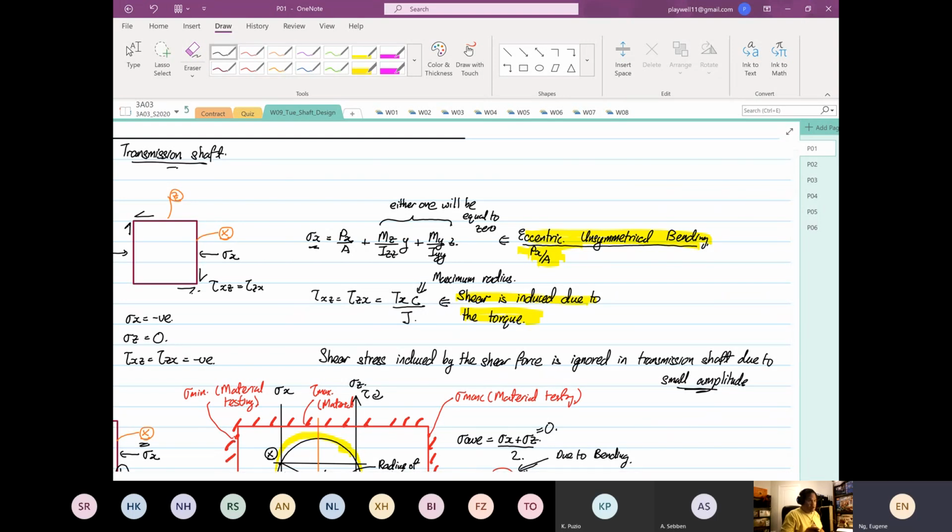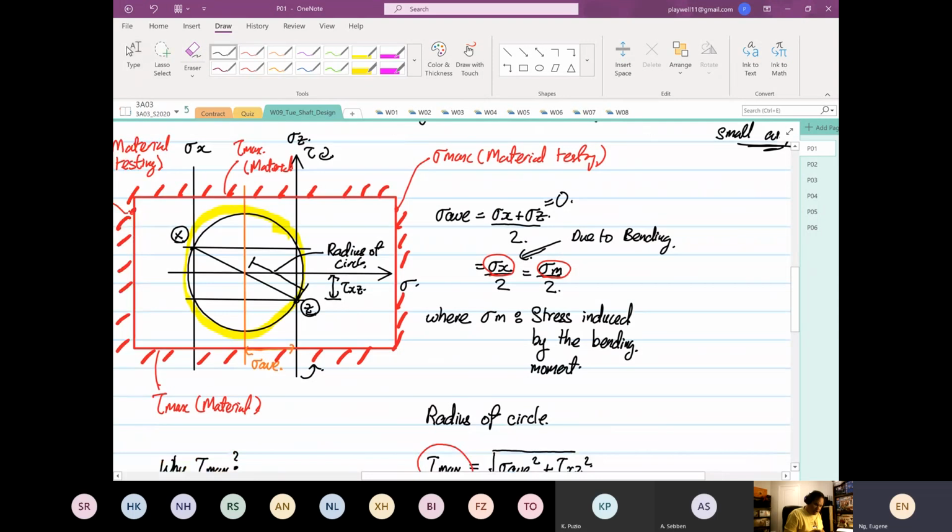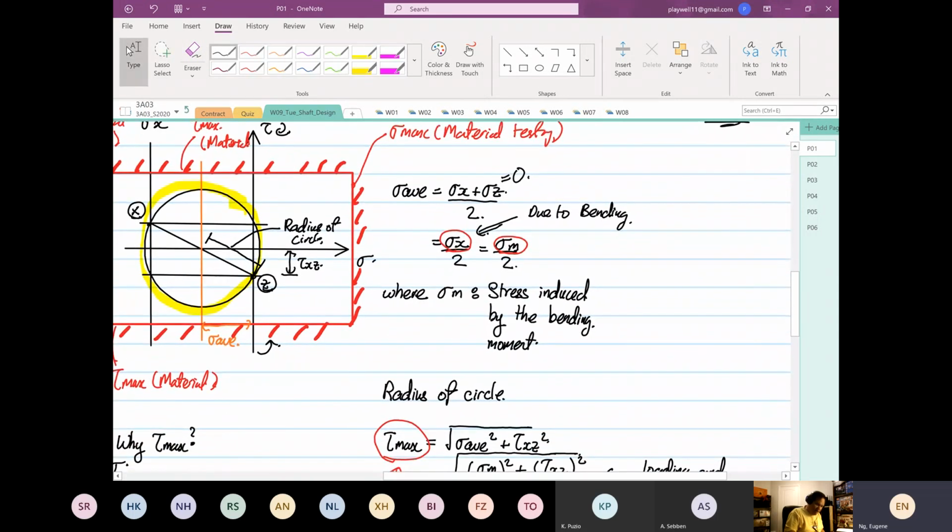So you also have an axial component. The eccentric is equal to Px over A, and then you have your bending moment in both directions. For our case, stress z is equal to 0. Then due to bending, we let stress x equal stress M, the stress induced by the bending moment.